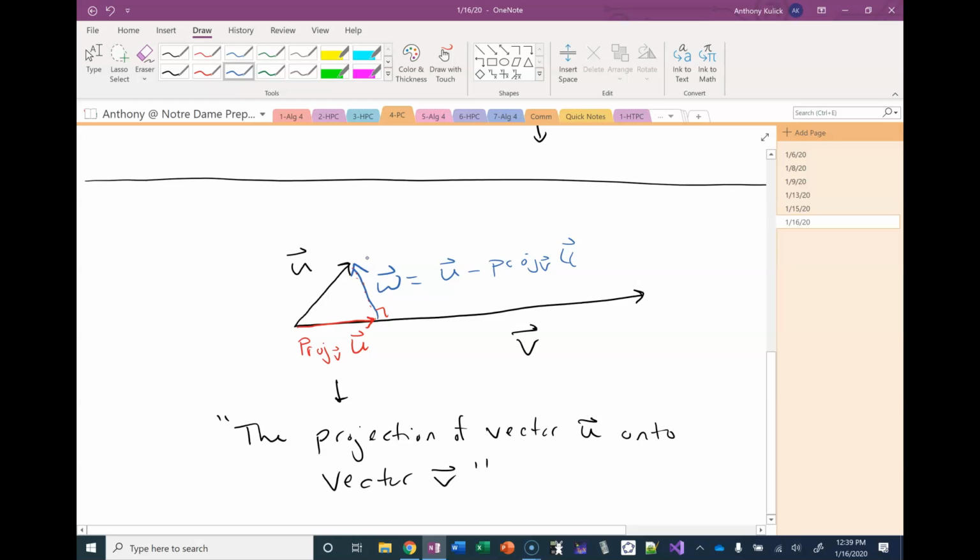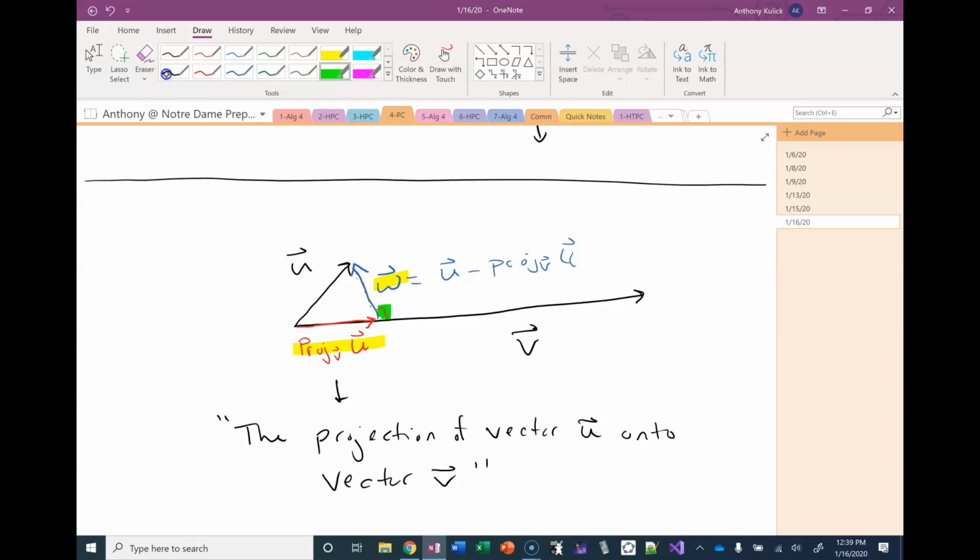Sorry if that wasn't clear. So if I look, what can I say about the projection of vector u onto v and vector w? They are orthogonal. How do I know they're orthogonal from this picture? Because they meet at a 90-degree angle.